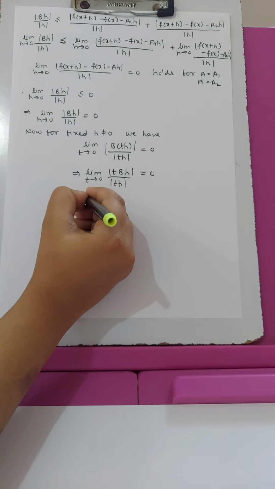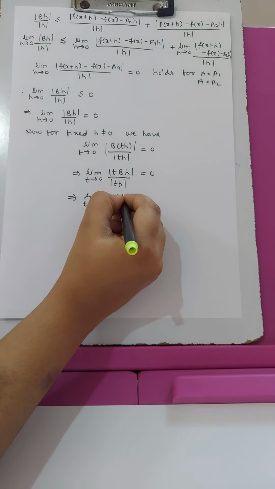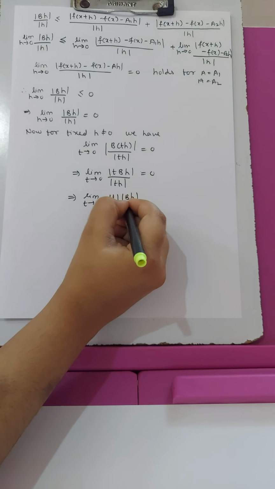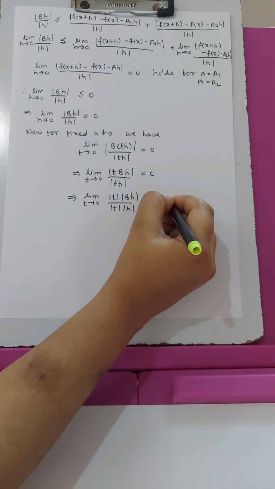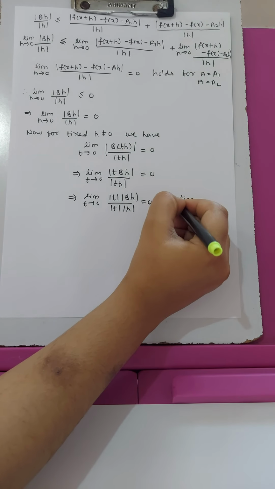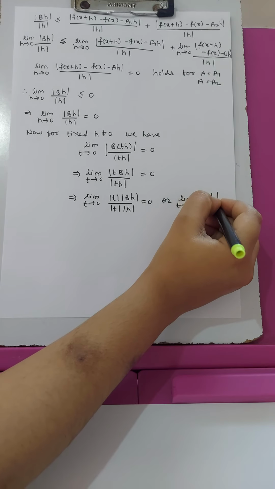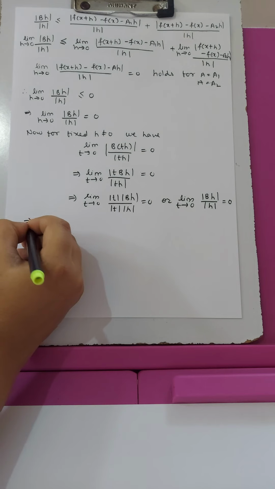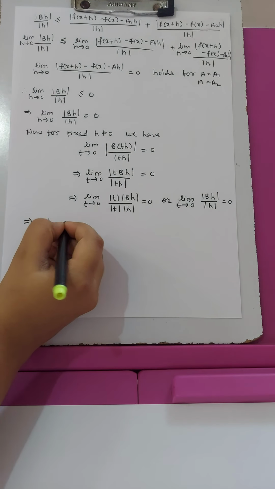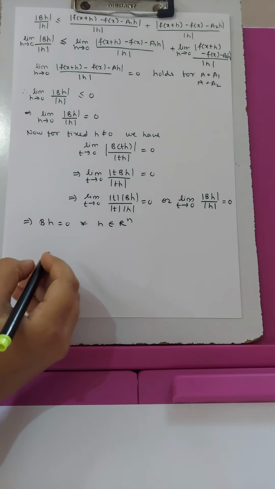So now separating the mods, we get limit t tends to 0 mod of t mod of bh upon mod of t mod of h equals to 0, or we can say that limit t tends to 0 mod of bh upon mod of h equals to 0. So this implies that bh equals to 0 for h belongs to Rn.